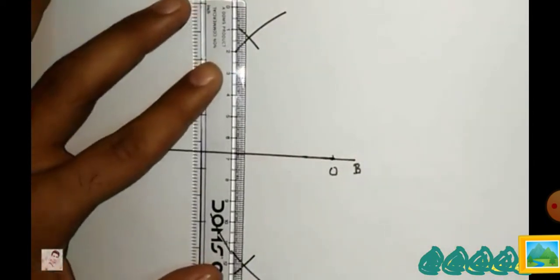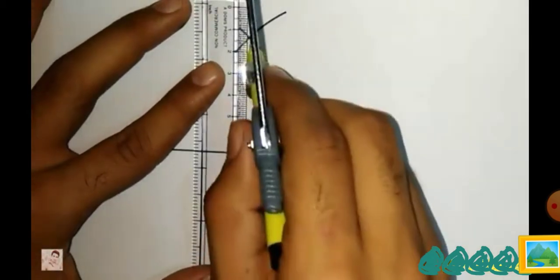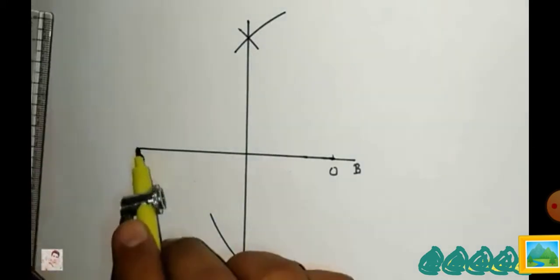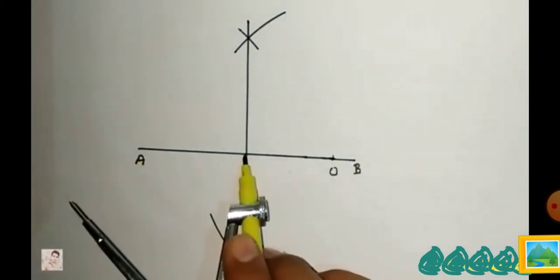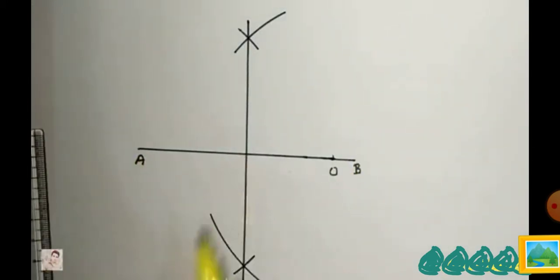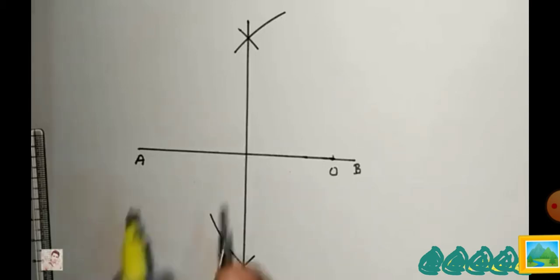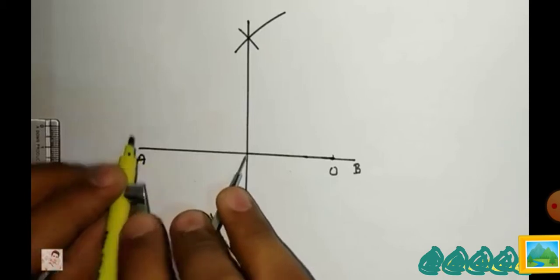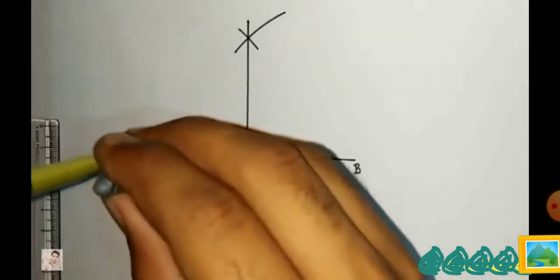Now join the intersecting points. Now mark the midpoint and using the midpoint draw a semicircle. See children, here I am constructing the semicircle.